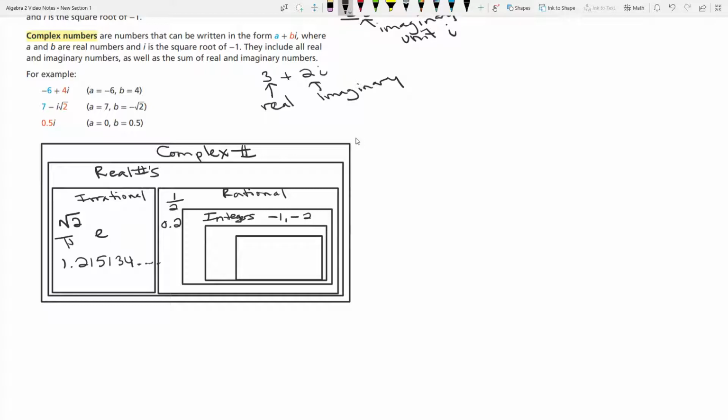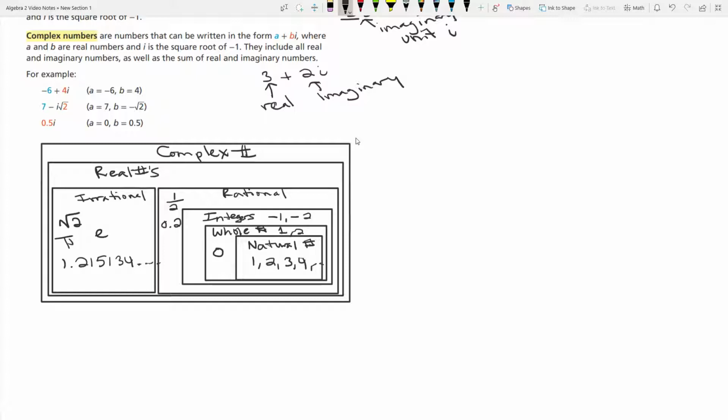Now the integers include the whole numbers. So we got whole numbers, such as 0, 1, 2, etc. And then the natural numbers are just the positive numbers. So like 1, 2, 3, 4, dot dot dot. So natural numbers are positive whole numbers.